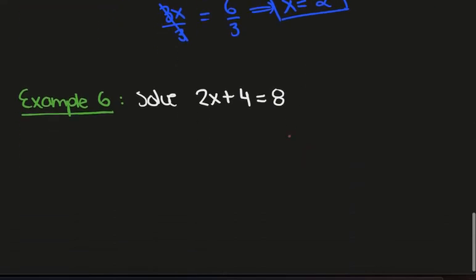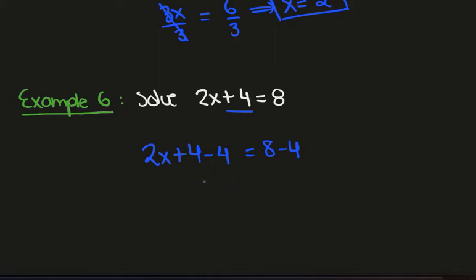For our last example, let's do a similar one. So this time we have 2x plus 4 equals 8. We'll get rid of this plus 4 term. The opposite of plus 4 is minus 4. So I have 2x plus 4 minus 4 is 8 minus 4.